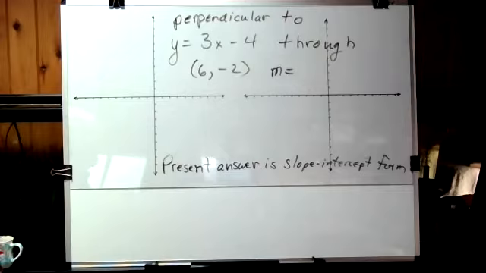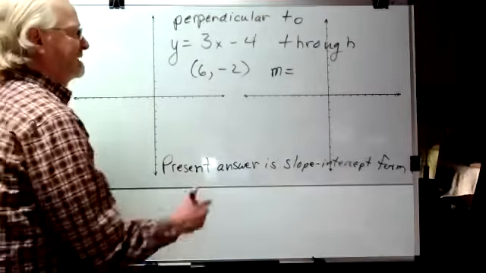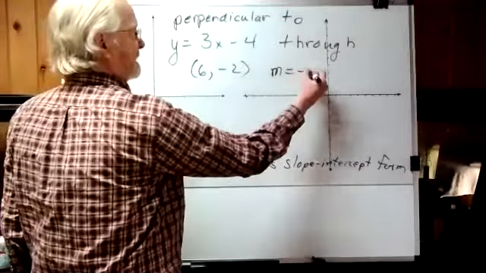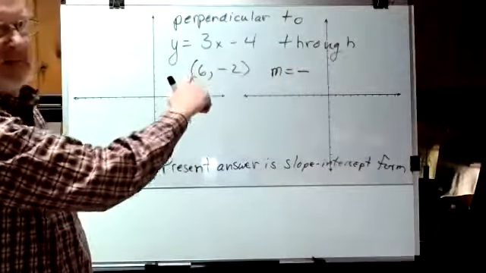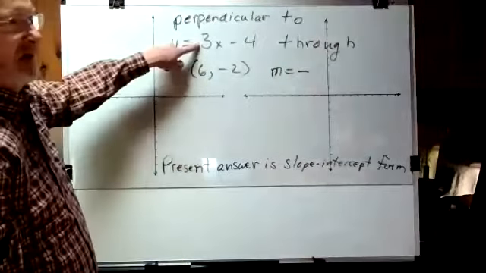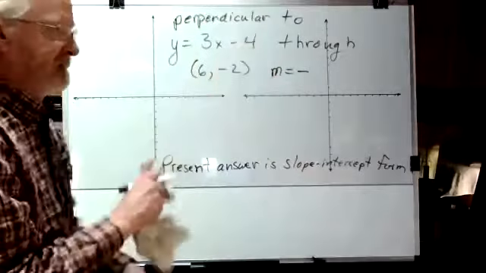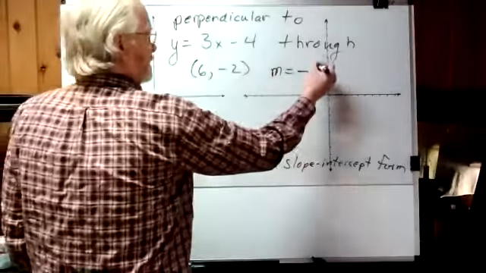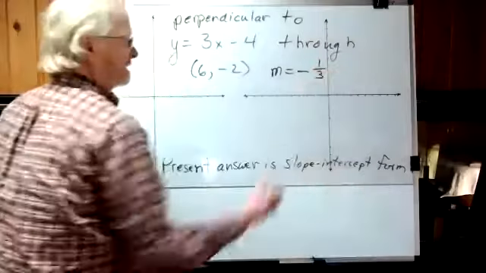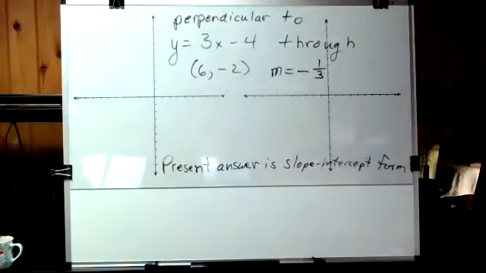Two changes: change the sign and reciprocal. Change the sign means this will go to negative. I keep doing positive first numbers, but if it started negative, then you have to change it to positive. So it's always the opposite sign. Reciprocal 1/3. I did that on purpose. So that's exactly what I got.